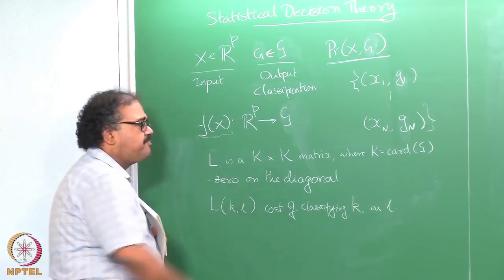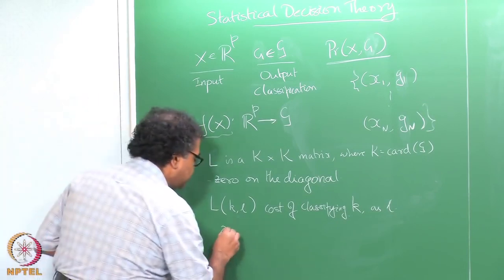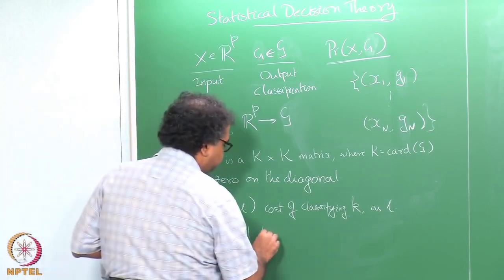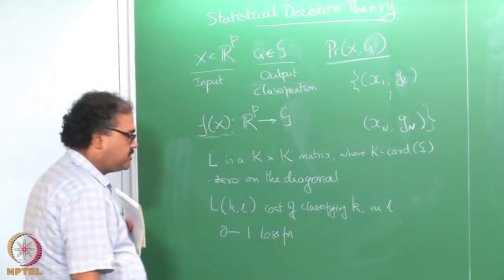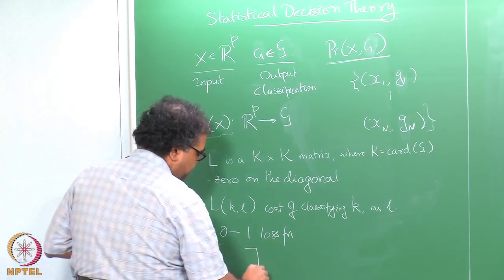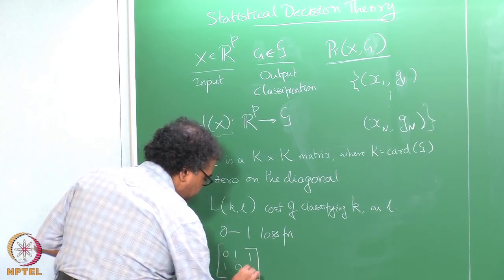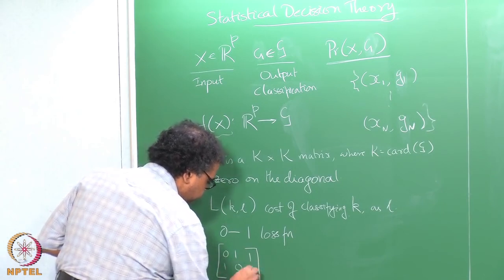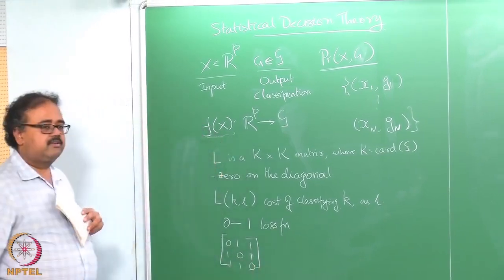Frequently the most popular loss function that you use is known as the 0-1 loss function. The 0-1 loss function essentially says that suppose I have 3 classes, my loss function will look like this.